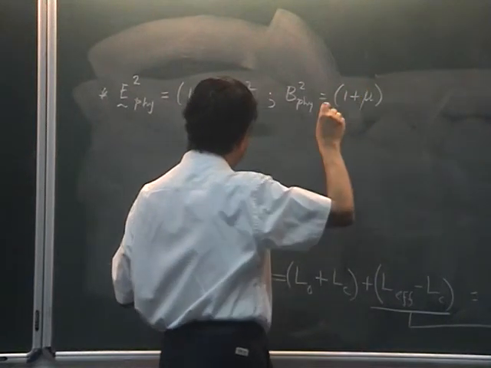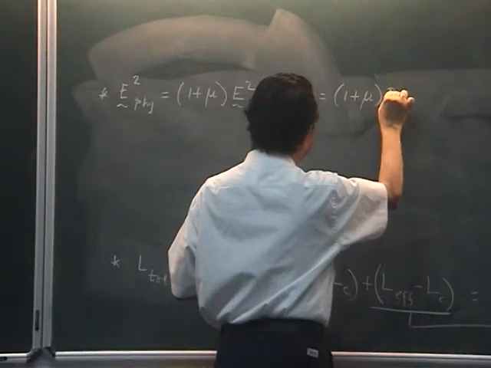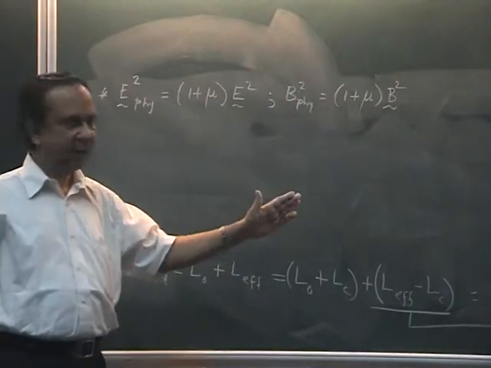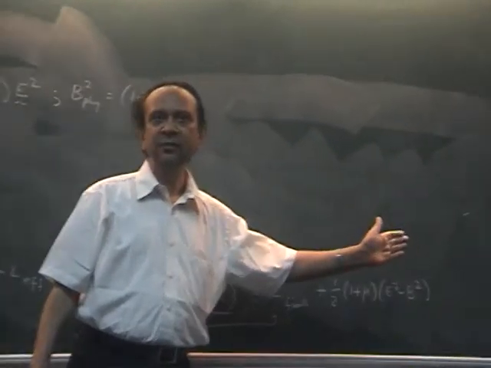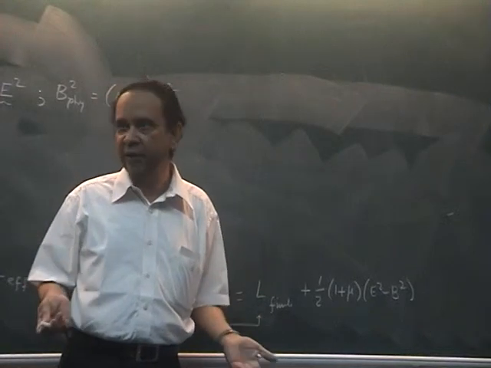You can think of it as a field renormalization because we didn't keep a constant originally there. So this is just a rescaling, so that the original Lagrangian here is back to E square minus B square in terms of physical electric field. After all, those are the electric fields you will be measuring.